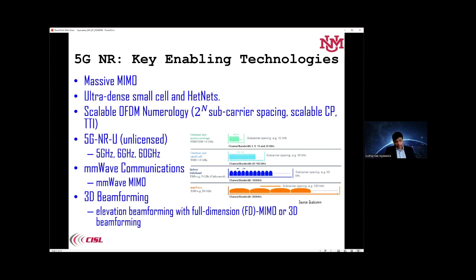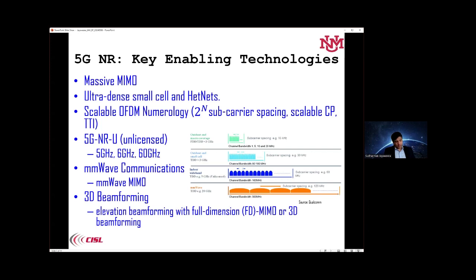For example, to enhance data rates, massive MIMO was seen as an important ingredient. Also, in terms of network architectures, ultra-dense small cells as well as heterogeneous nets, or HetNets, were used. And scalable OFDM numerologies, which allow using different subcarrier widths, were another approach.